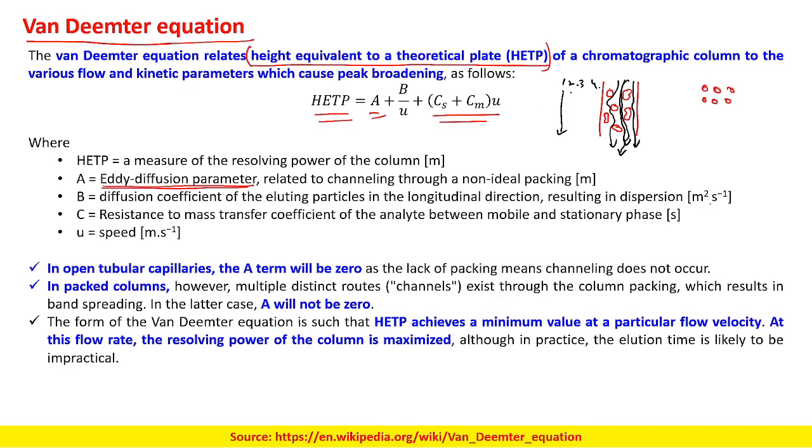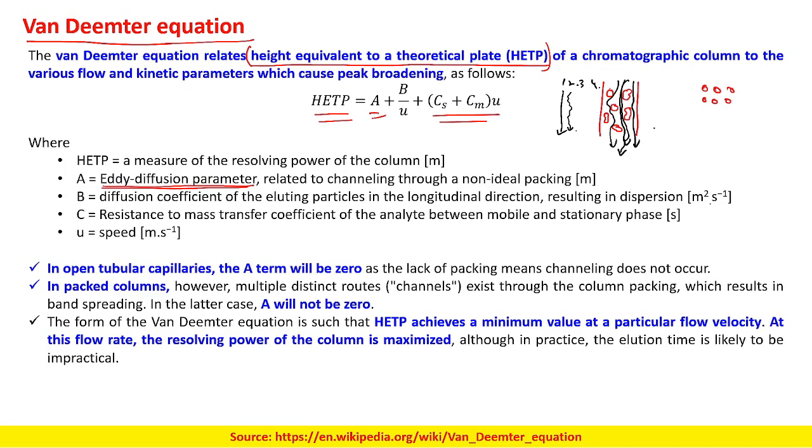Then the second one, say it is taking a slightly longer path, will be eluted second, then the third one, then the fourth one. Though you have started at the same time and all the parameters are similar, since the mobile phase has to move different path lengths, there will be a spread. So that can be one of the reasons for the peak broadening.